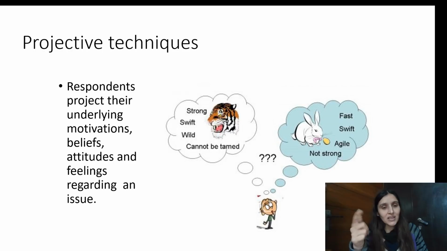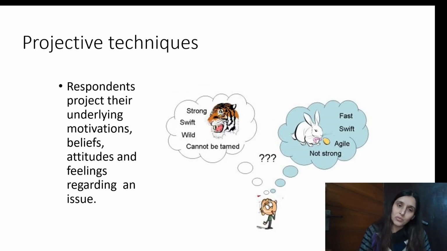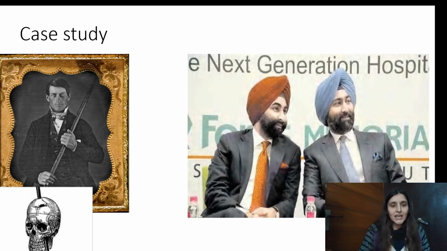On the basis of what they think, I can say what their problem is. So this is projective technique. It's a qualitative technique. Again, the basics are the same: loosely defined, not concrete, I want to find out a new variable. Unstructured, flexible.